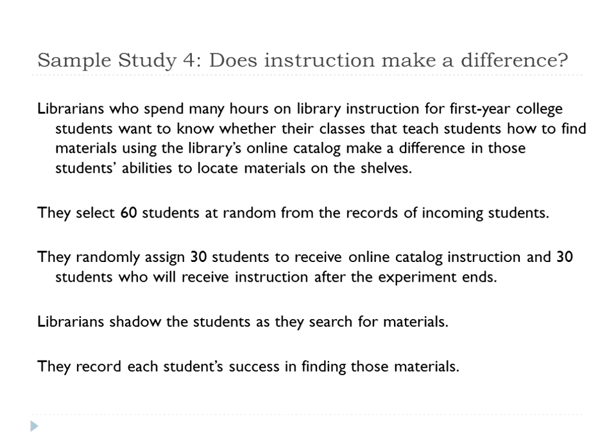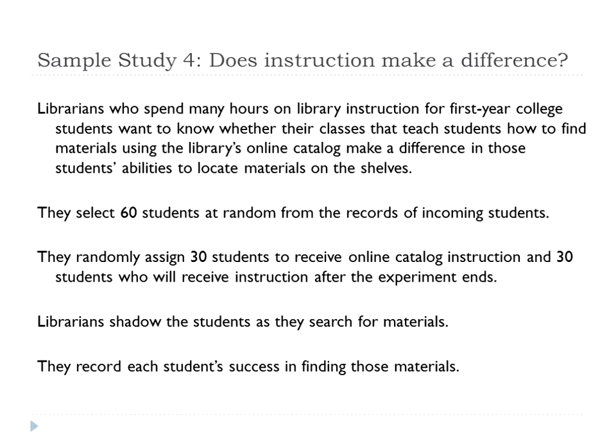Here's an example of a study that I based loosely on a study that was actually done many, many years ago. The people at the University of Illinois got a big grant, and they did a study something similar to this. They wanted to know, does instruction on the online catalog make a difference when people are then trying to locate their materials in the library?